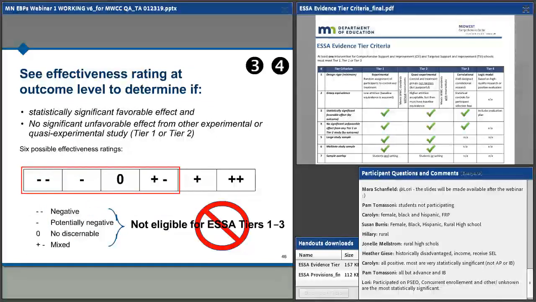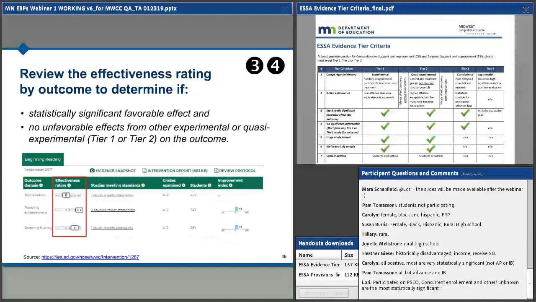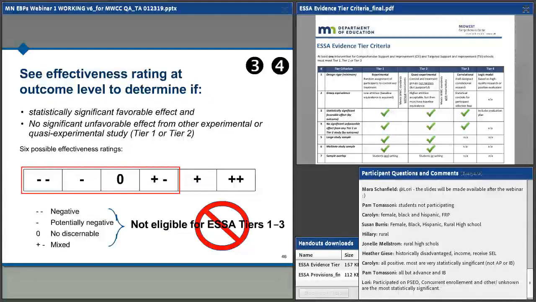There's 6 different indicators on this little band indicating 2 things. They indicate whether or not statistical significance that is favorable has been found, and they indicate whether there's unfavorable effects from other studies. So just by looking at this one thing, you can determine whether criteria 3 and 4 are both being met. They're aggregating that information into a single indicator for you.